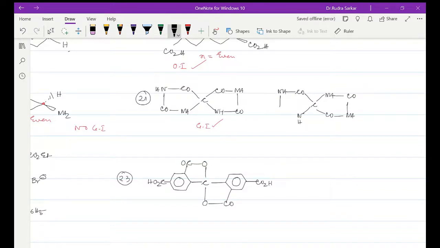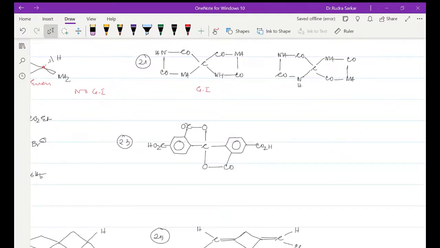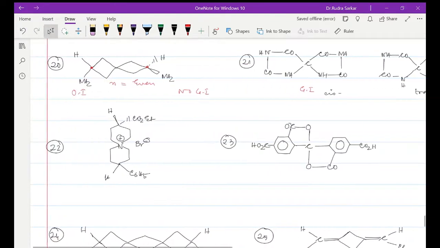So if we consider that kind of an arrangement, molecule number 21 which was given is going to be cis, and using the same analogy we can say this is going to be the trans.